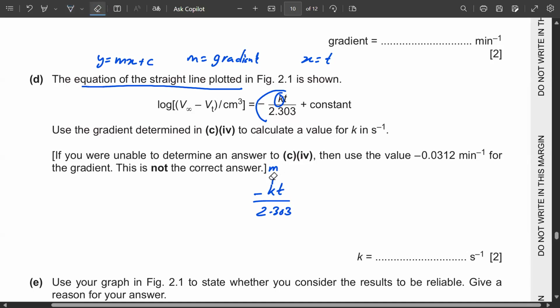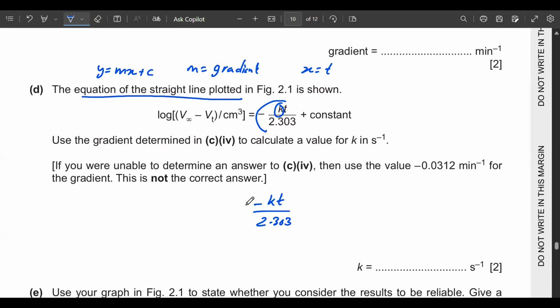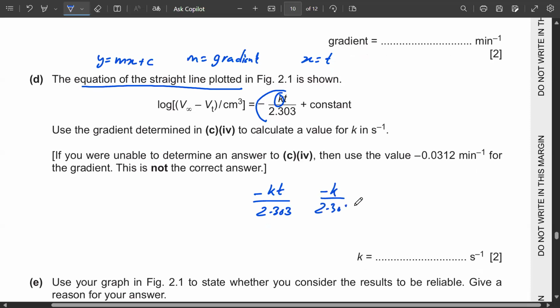The entire of it is m except for t, because t is x. So negative k divided by 2.303, all of that is the gradient. Negative k divided by 2.303 is equal to the gradient.